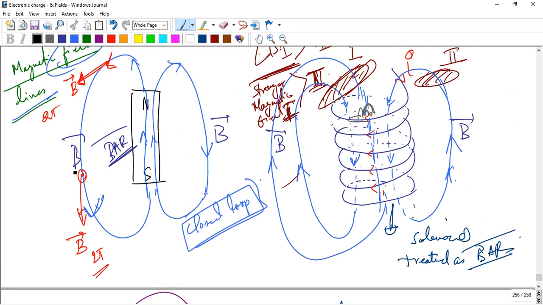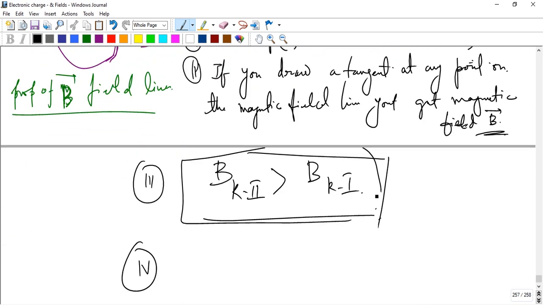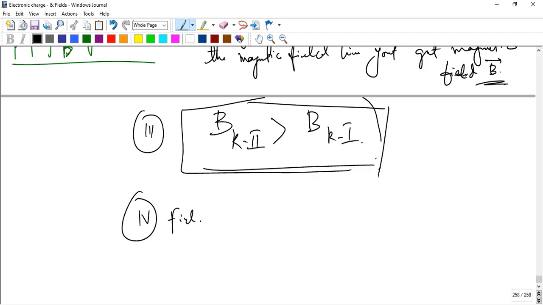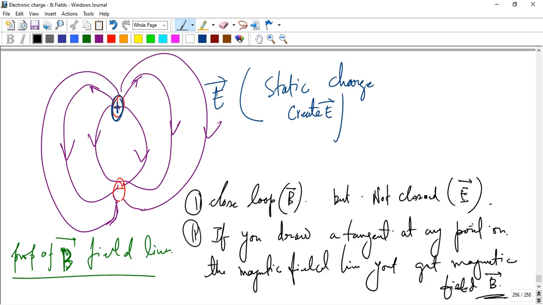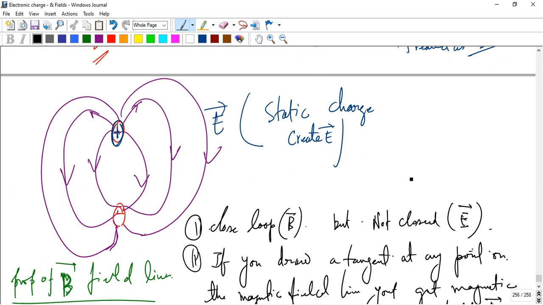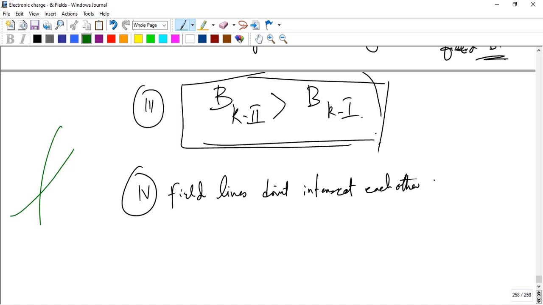Suppose there are two magnetic field lines, B1 and B2, and these two magnetic field lines intersect each other at the same point.